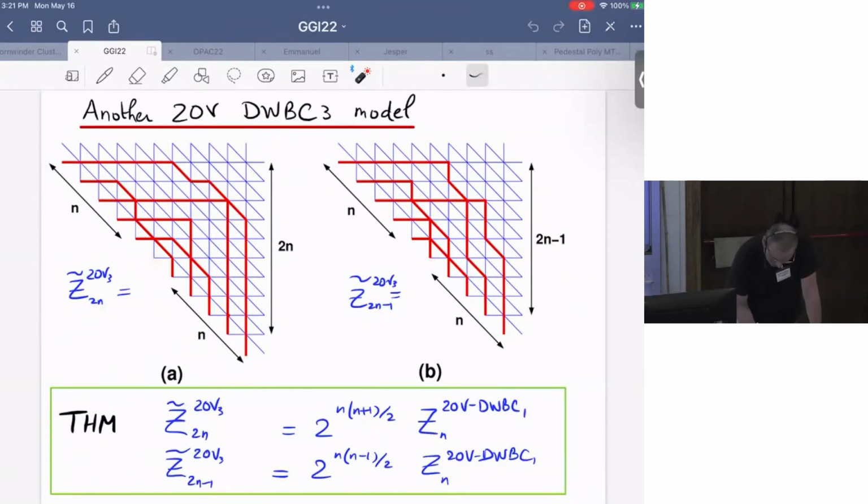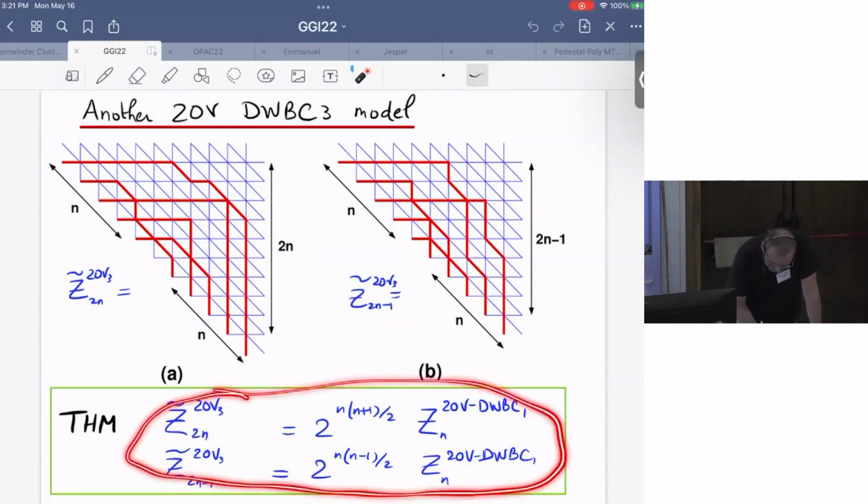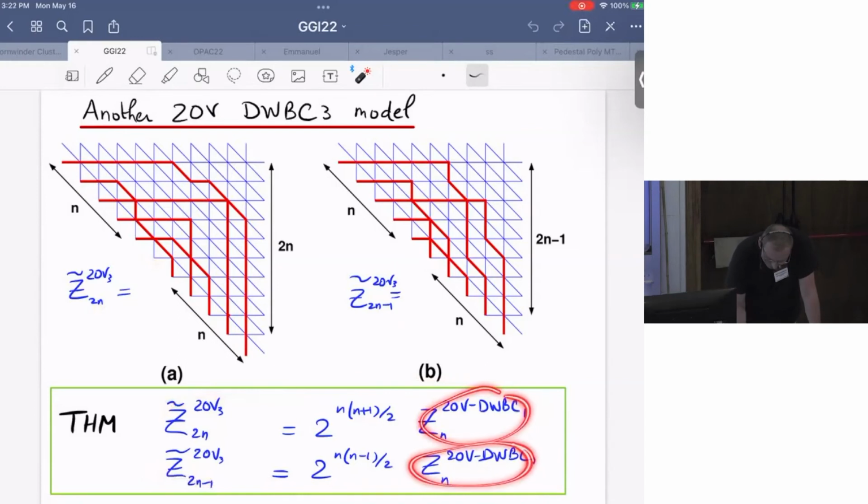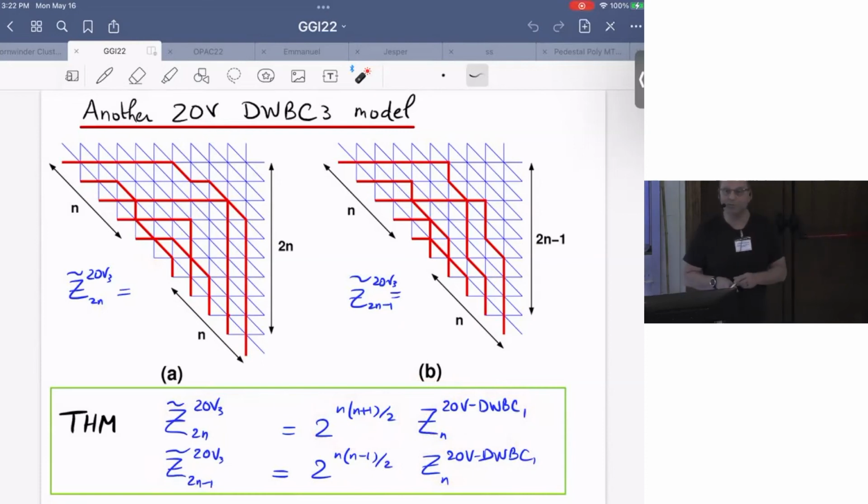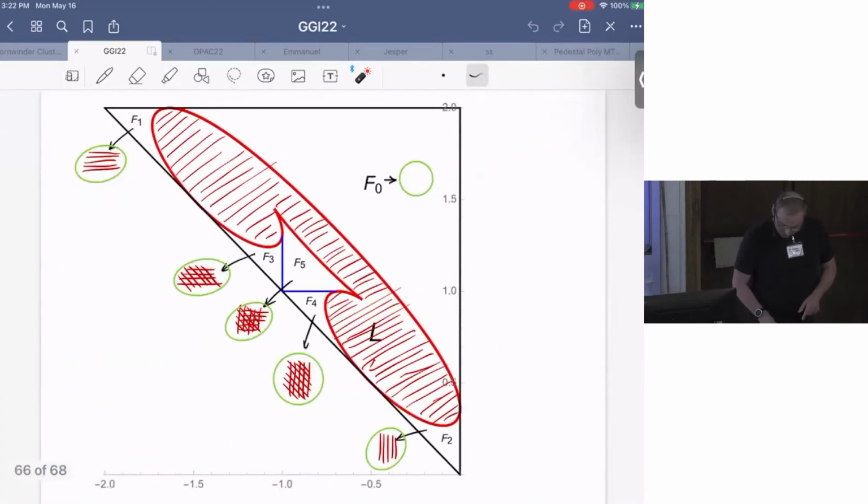But the remarkable thing is that the counting, you can prove, is again the same as counting in W boundary condition 1, up to a power of 2, which looks very much like the power of 2 we've seen before, and which looks also very much like the partition function of the Aztec diamond itself, okay? So there's something fun going on here. And you can even figure out Arctic curves.